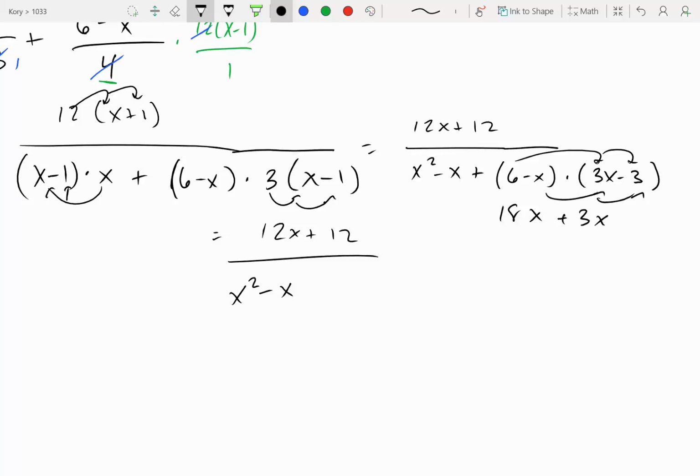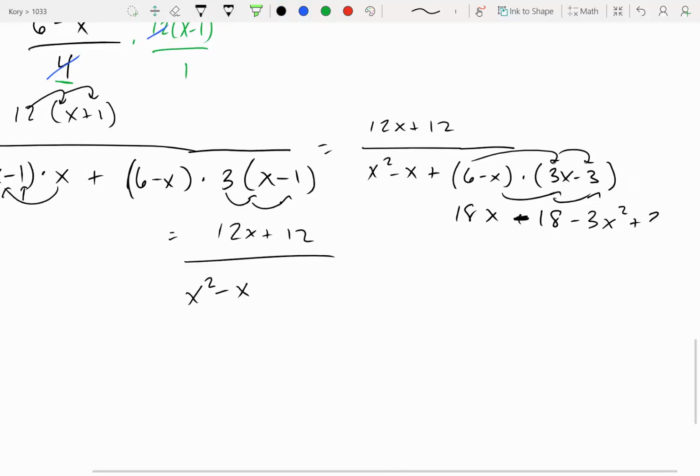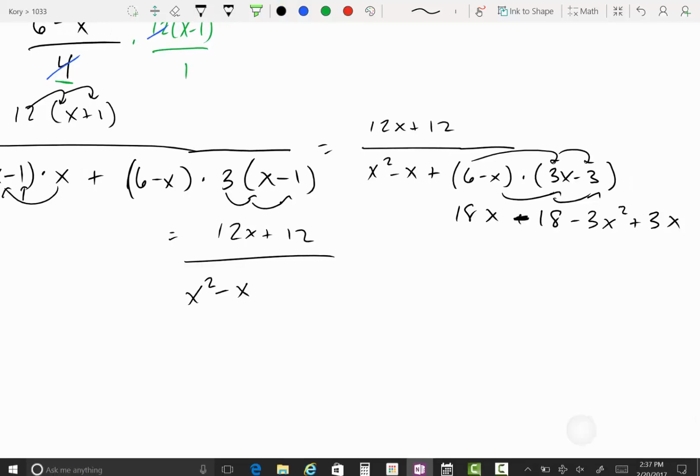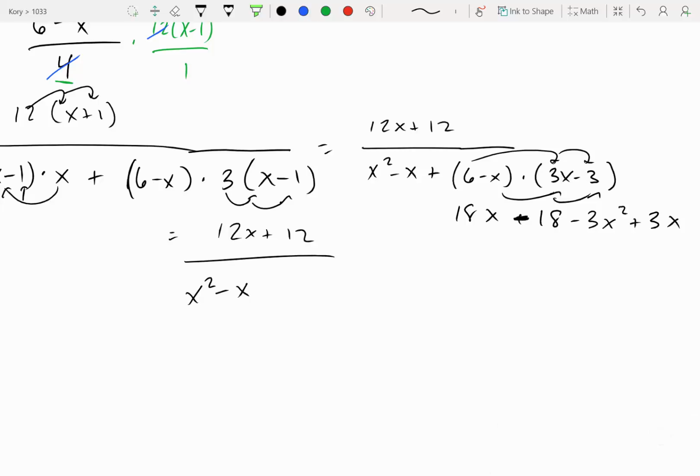So we got 6 times 3x is 18x, and then 6 times negative 3 is negative 18. Then negative x and positive 3x is negative 3x squared, and then negative x and negative 3 is positive 3x. So when we combine like terms, we get negative 3x squared plus 21x minus 18.